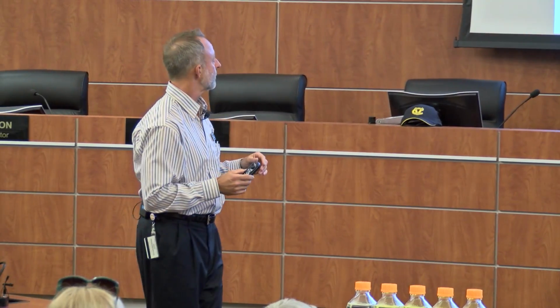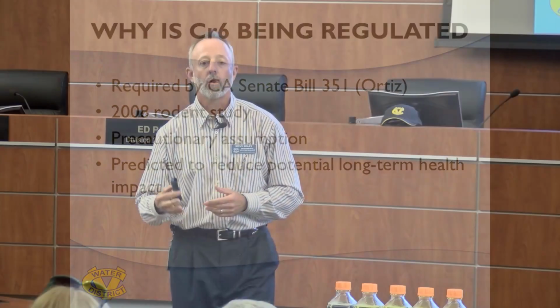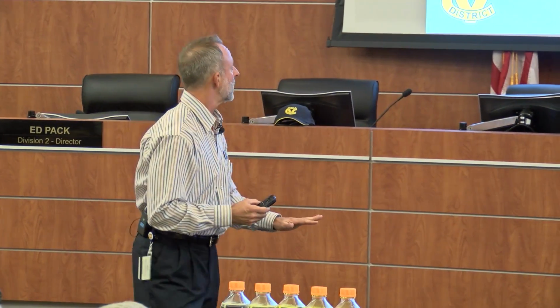Taking the precautionary route, they are using that data to set the public health goal or the risk assessment. That risk is to prevent potential long-term health risks. It's not an acute hazard. It's not an immediate risk, but long-term, there is a potential for cancer as a result of consuming the water over a long period of time, based on the rodent data.